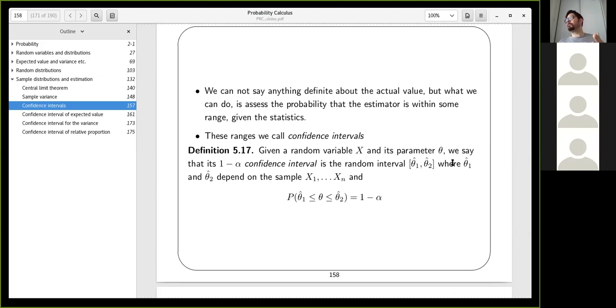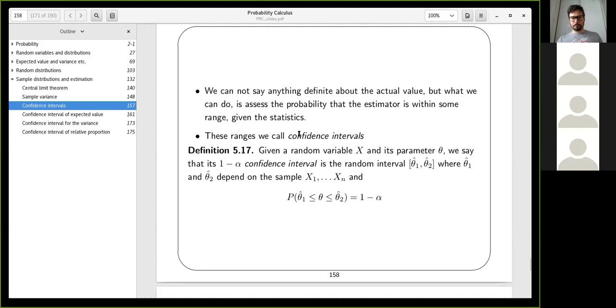So when we say alpha is 0.05, then we talk about a 95% confidence interval. So that's 1 minus alpha, that's 0.95, and then often we talk about percentages. So don't be confused by this. The confidence is 95%, but alpha, the cutoff limit, is 1 minus that. It means it's those that still could be out there. So if alpha is 0.05, there's still a 5% chance that we are wrong.